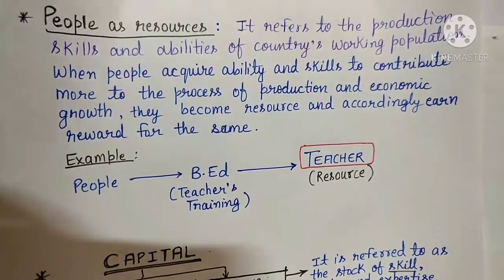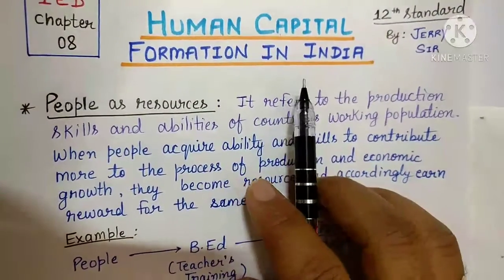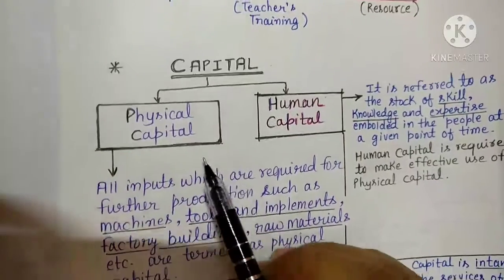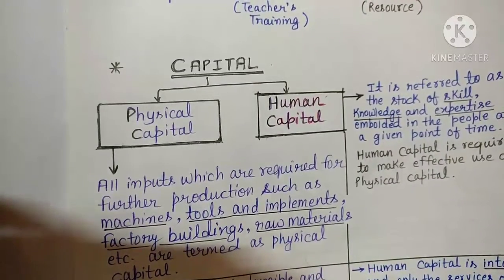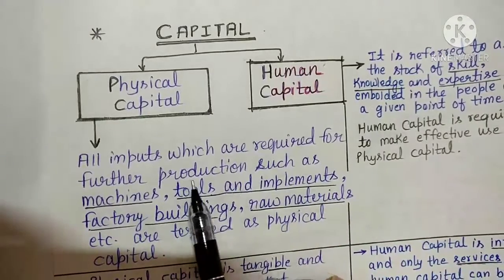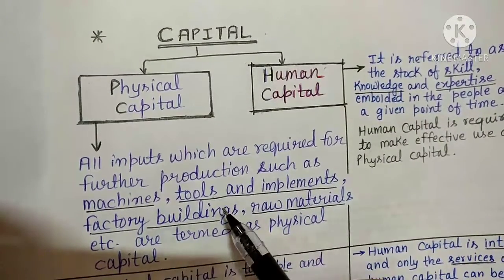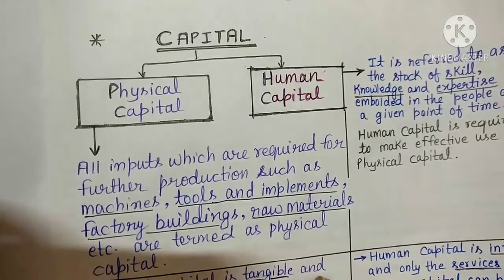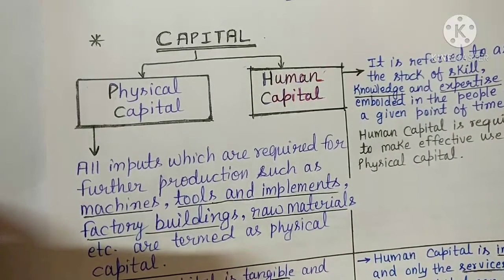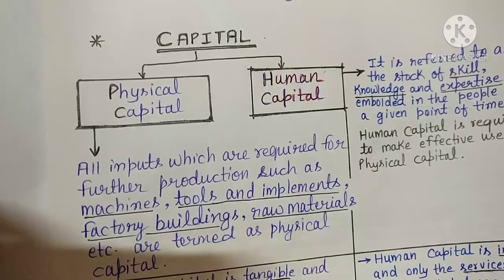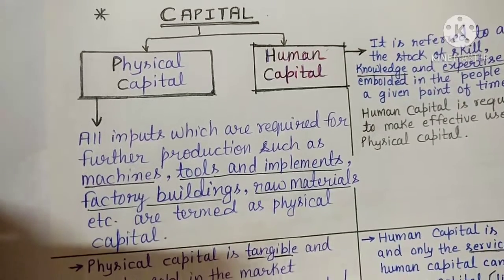Now if we talk about our chapter name, that is human capital. Before going to human capital, first we talk about the two forms of capital, that is physical capital and human capital. So what is physical capital? All inputs which are required for further production, such as machines, which we purchase and use for further production, tools and implements, factory buildings, and raw materials.